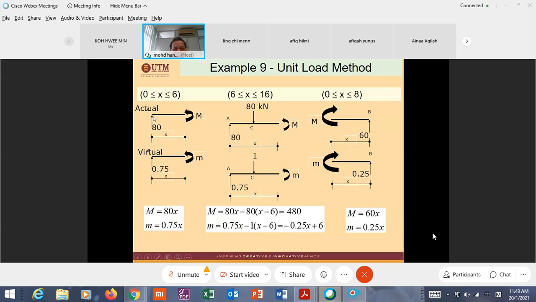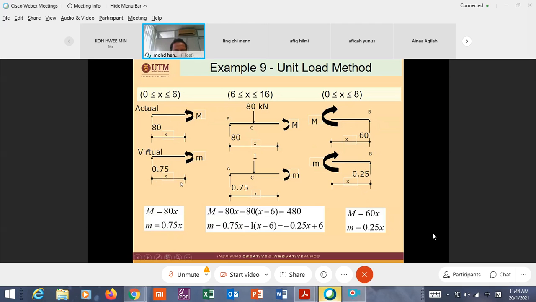So for segment 1, M equal to RA multiplied by x, and m equal to 0.75 multiplied by x. There is no loading. And then for the second segment, M equal to RA x minus 60 (x minus 6), and so on, and m likewise.